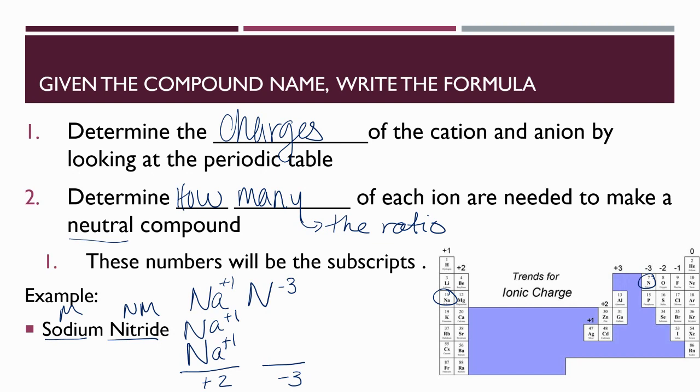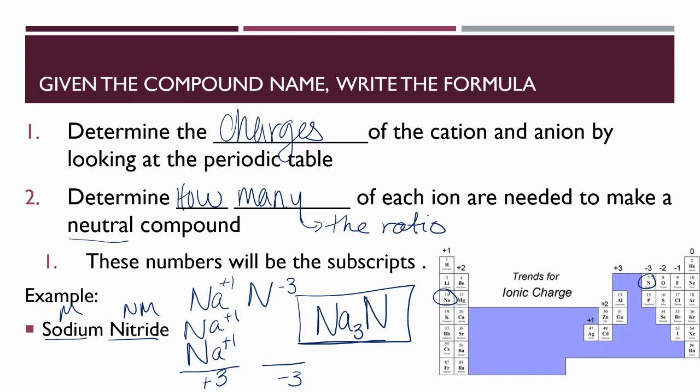So now I would have 3 +1s for a total of +3, and that will cancel out my -3. So what that means is I need 3 sodium ions to even out my nitrogen ion. So this is my final formula.